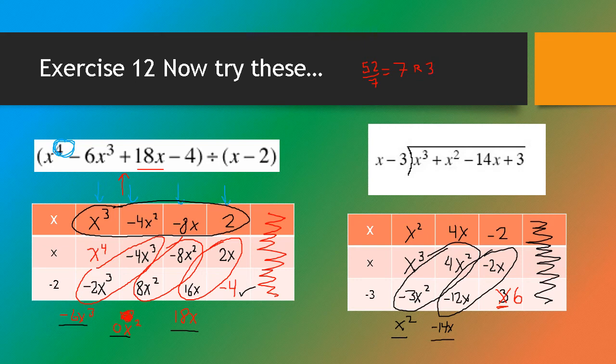Or we also could say it's 7, and since there's 3 left over, a remainder of 3 7ths. So 7 and 3 7ths.